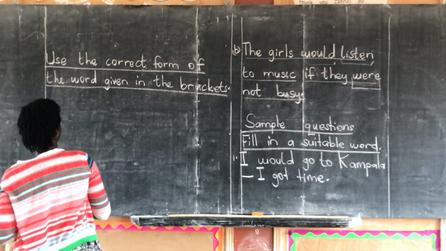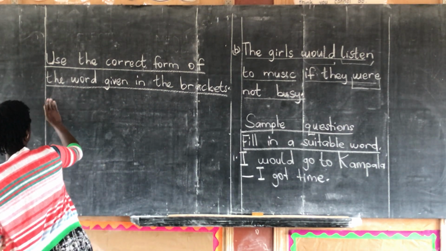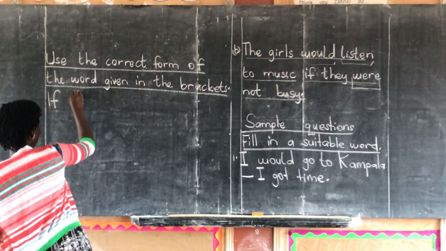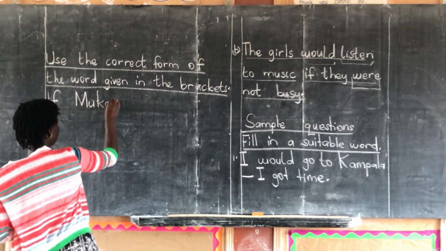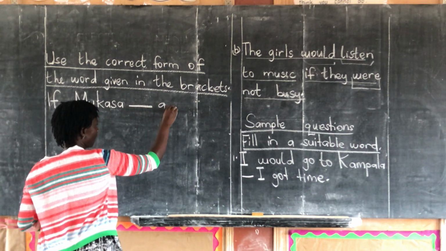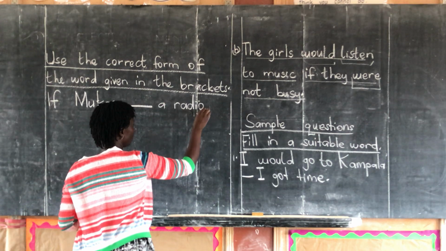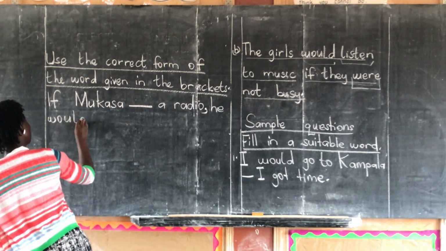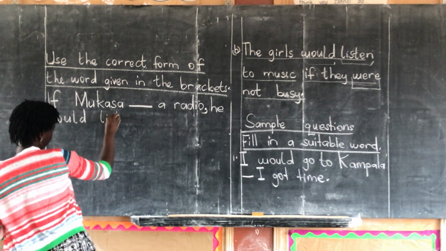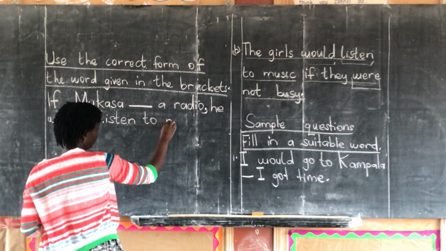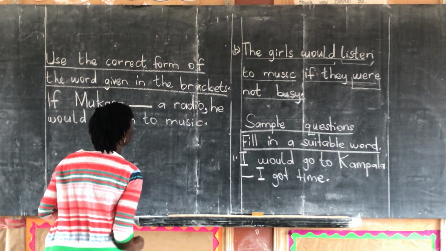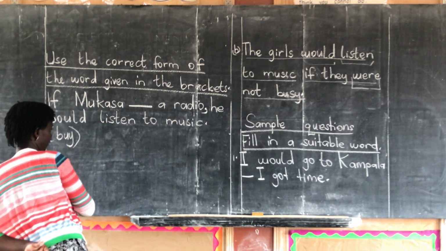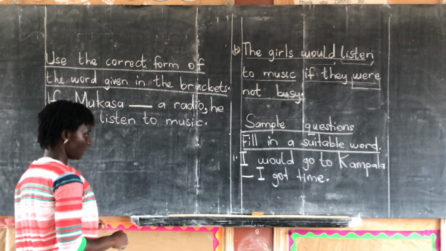So, then they would say, if Mukasa dash a radio, he would listen to music, and in brackets they give you the word buy. That is another way of testing.